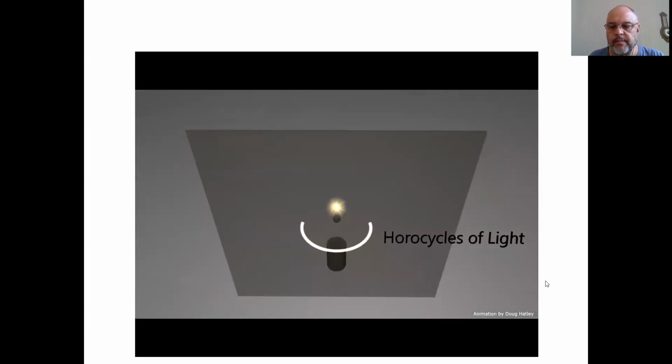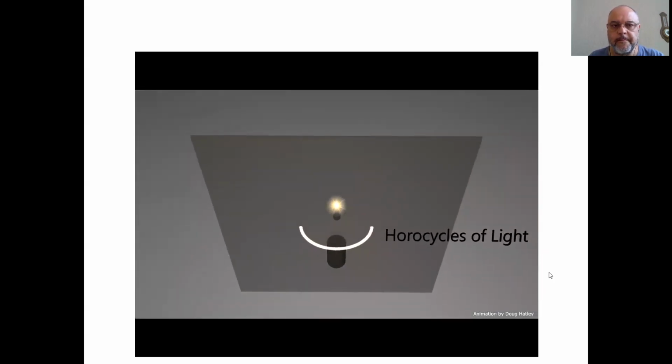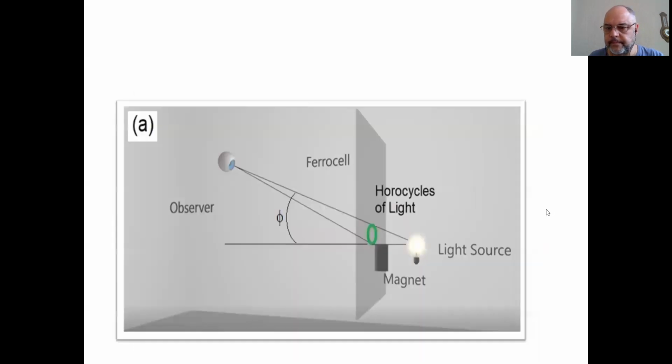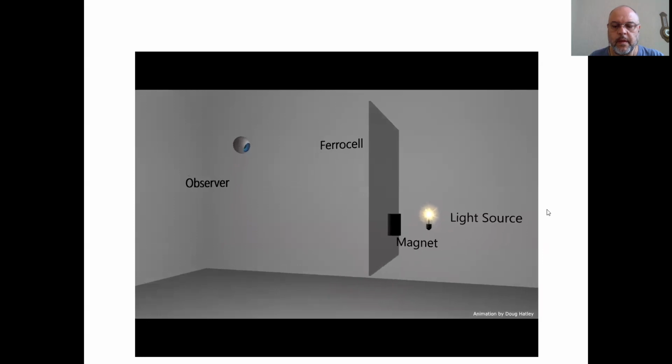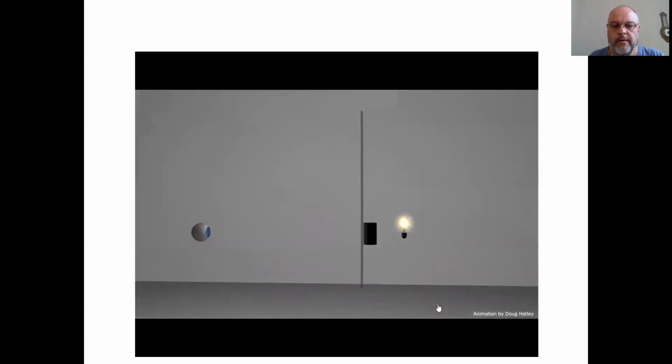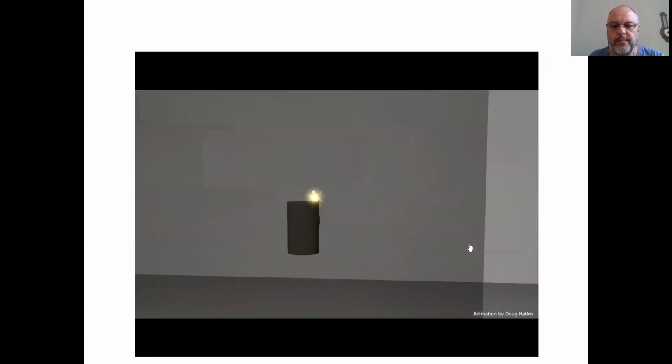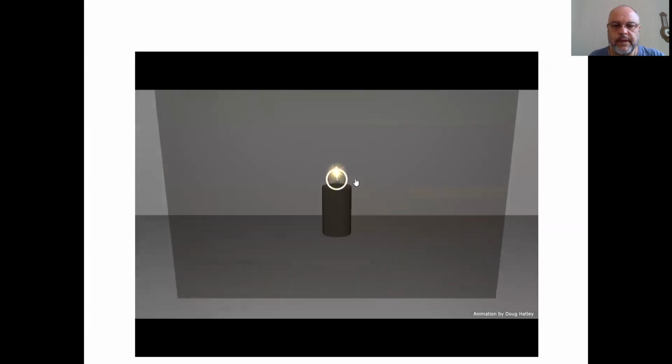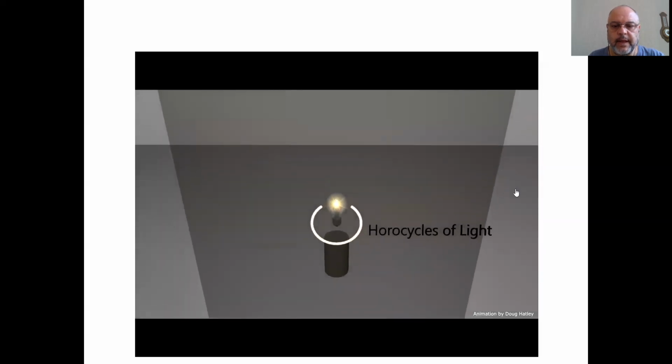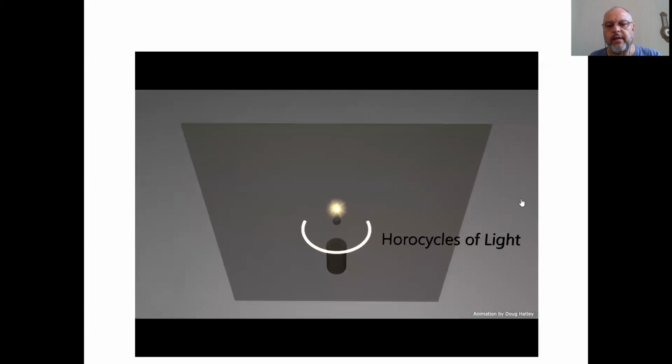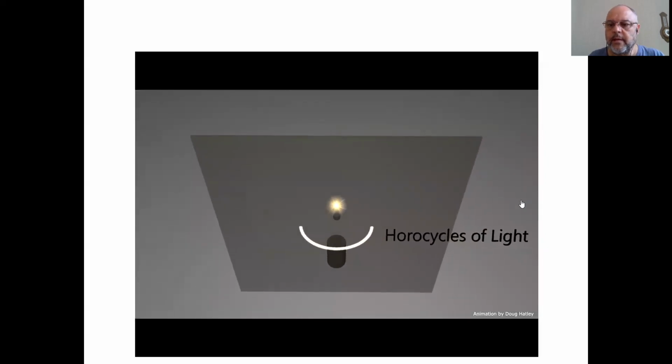This animation was done by Doug Hatley. Again, when the viewer changes position, they observe these light patterns, and changing the angle of observation changes the pattern observed.